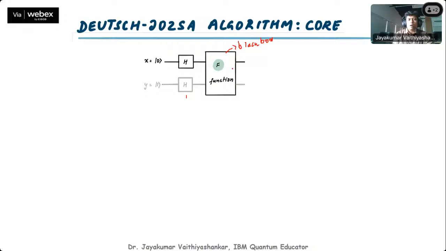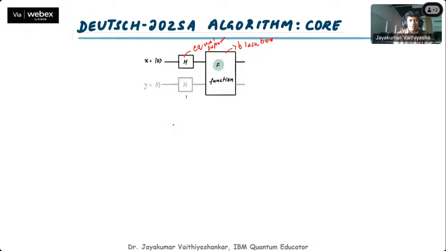What will the Hadamard gate do? Can anybody say? Exactly. It will create equal superposition. So you need to mention the word equal superposition.